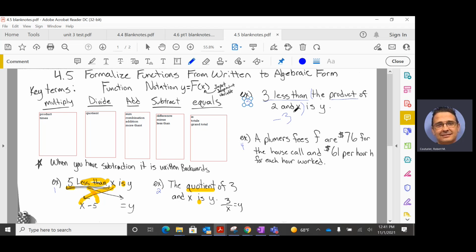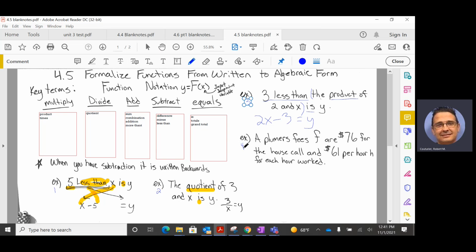What are we multiplying together? 2 and x. Is means equal. That's an important one. And what does it equal? It all equals y. Again, piece by piece as we're slowly putting these things together.